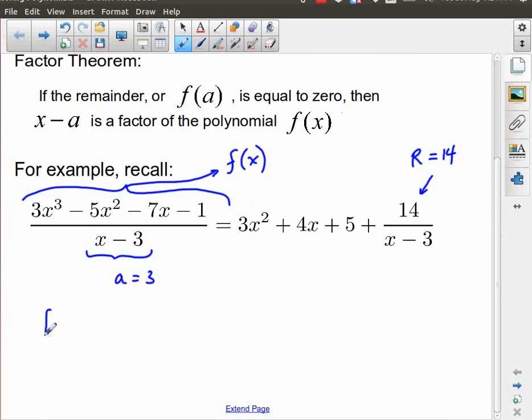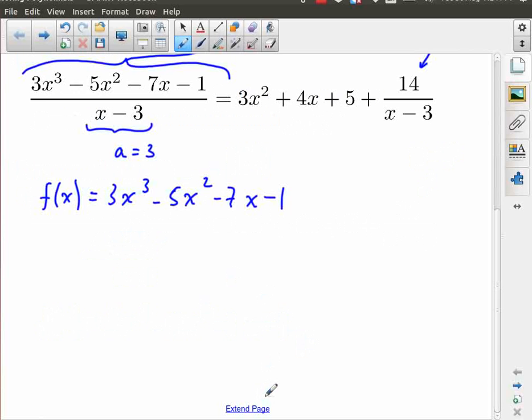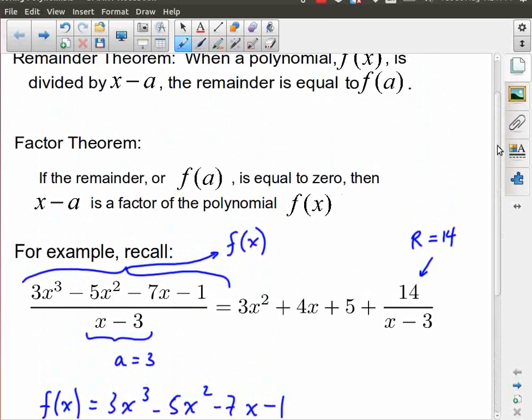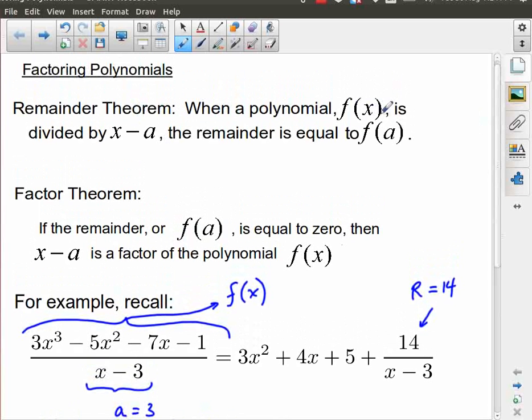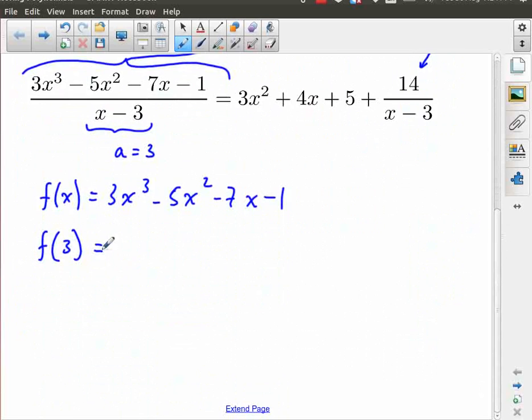So if f of x is this original thing that I was dividing by, 3x cubed minus 5x squared minus 7x minus 1, and we were dividing by x minus 3, then if I evaluate f of 3, what the remainder theorem tells me is that when I put this value a in here, my remainder of 14 should be the same result that I get this way.